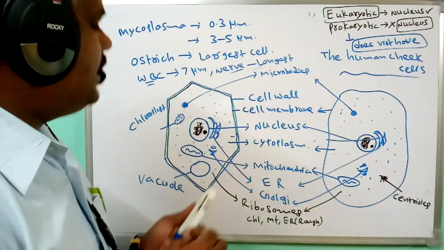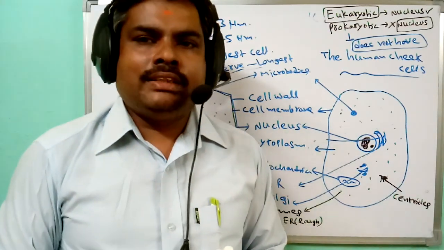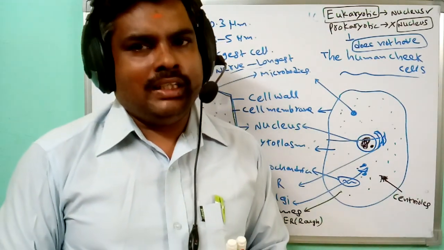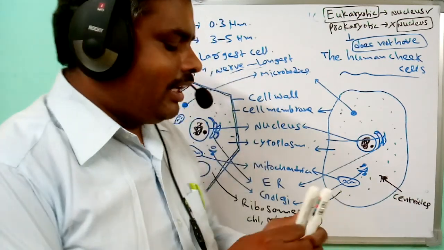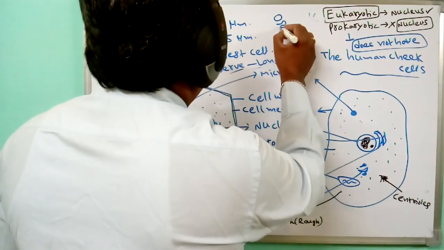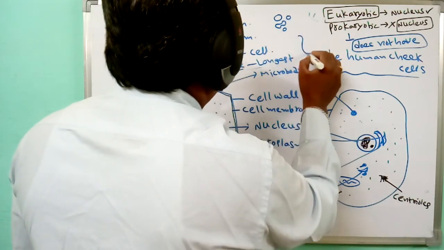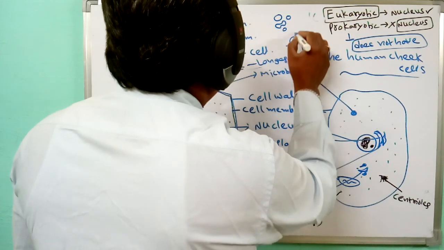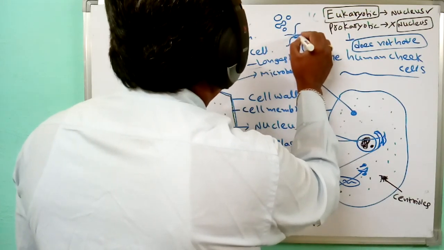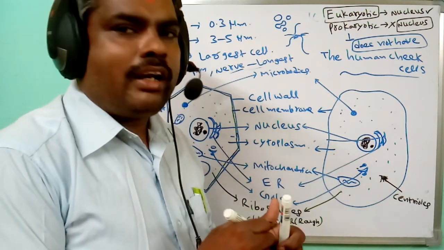Next, what is the shape of the cells? The shape of the cells also varies according to their function. For example, red blood cells are round in shape, with a biconcave shape. Nerve cells are generally irregular in shape.